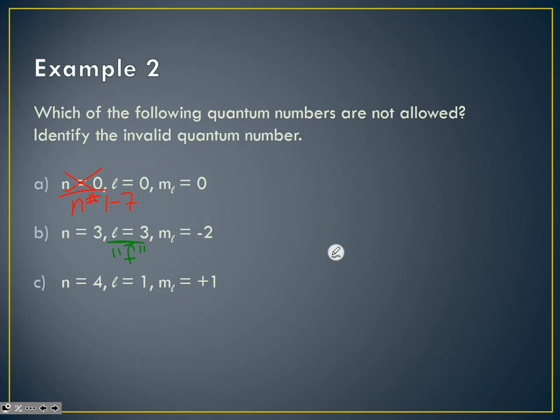No. So this is incorrect because the third energy level, guess which ones they have? They have S, P, and D. No F's. So the only L numbers they should have for the third energy level are 0, 1, or 2. Not a 3.